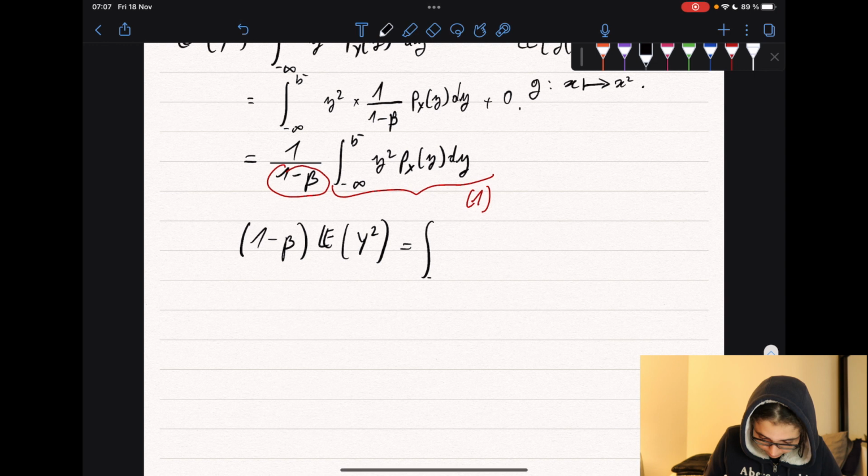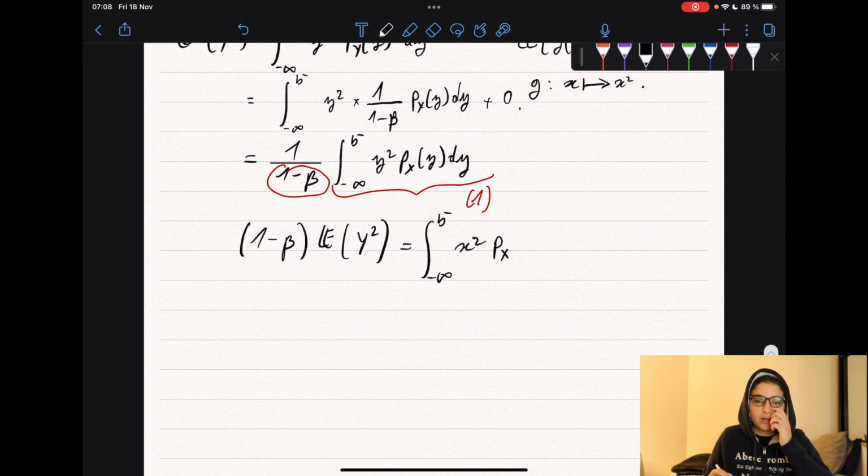The integral from minus infinity to b minus of x squared. It doesn't matter if we put here again use the integration variable as x or y. It doesn't really matter as long as the functions that we're integrating over are not dependent on another variable.